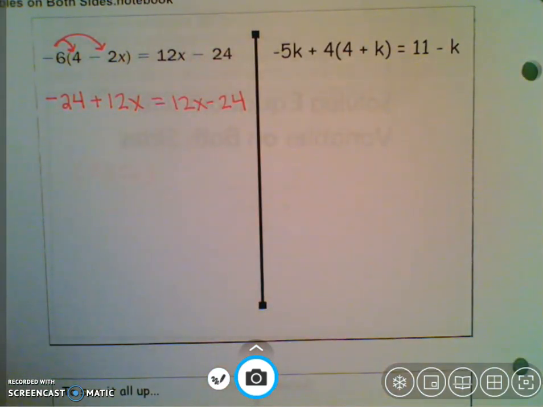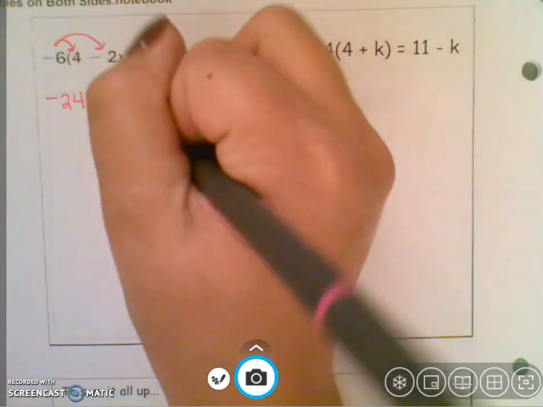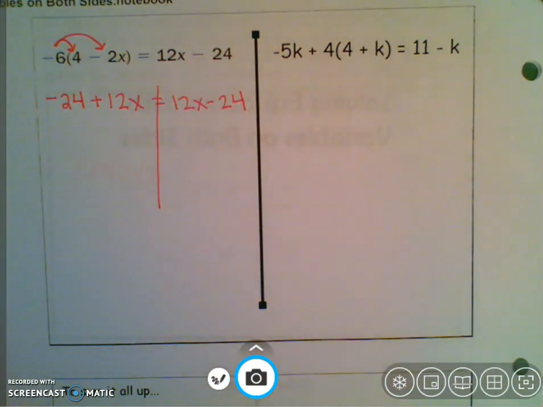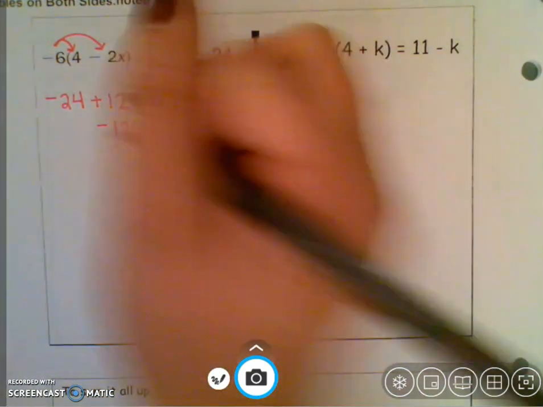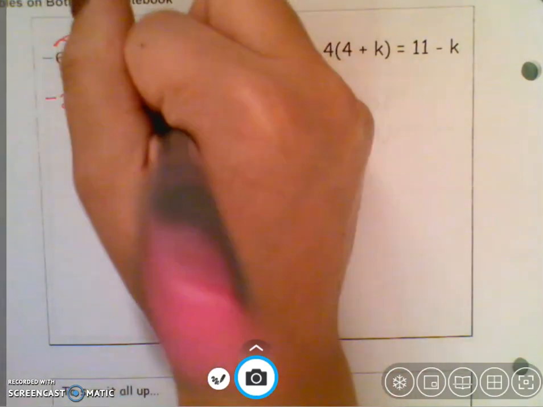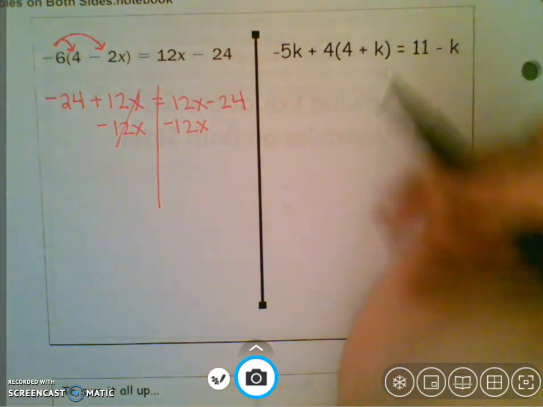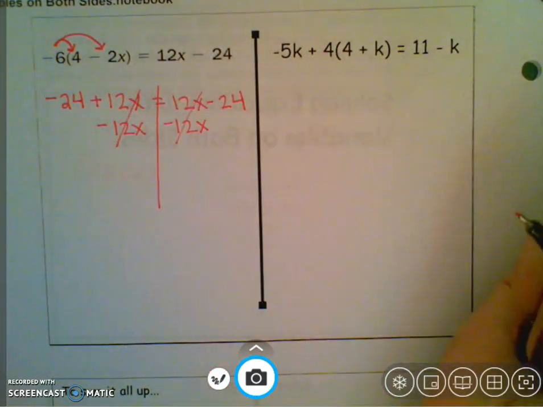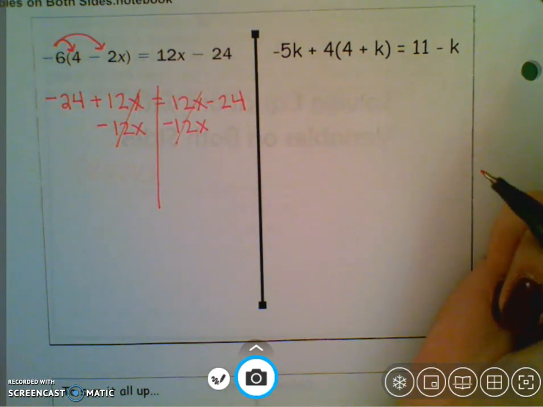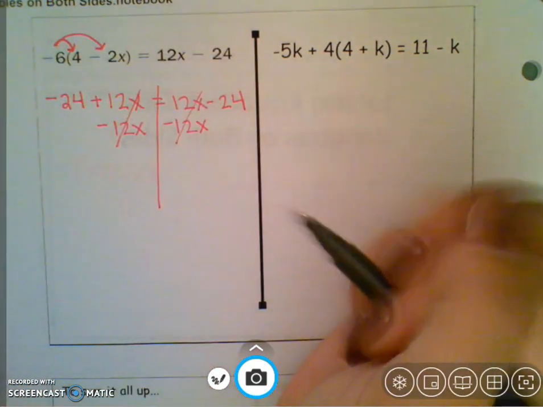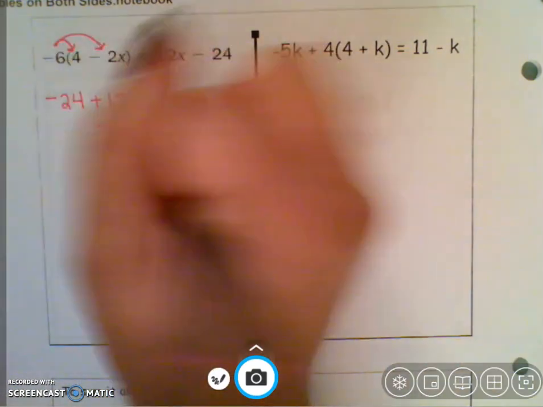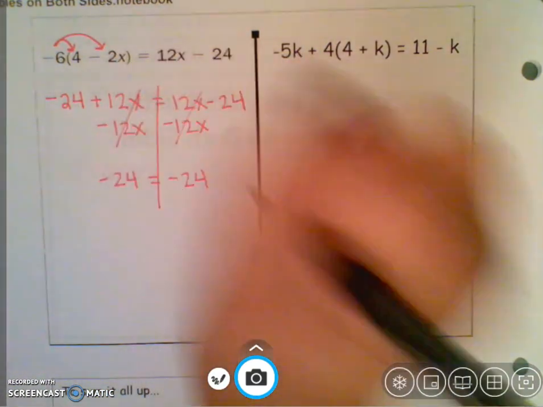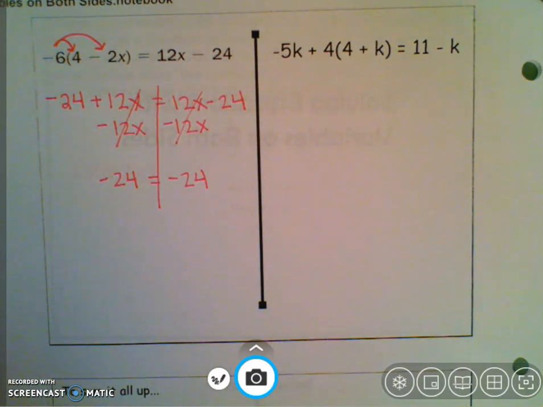Okay, whenever I'm doing these, I always want to move the x's first. So I'm just going to move this one to the right side. So minus 12x, so those cancel. And then I have a minus 12x, so, oh wait, those cancel too. Okay, so I have no x's left, but I still have to complete the problem. -24 from the left side has to equal -24 from the right side.